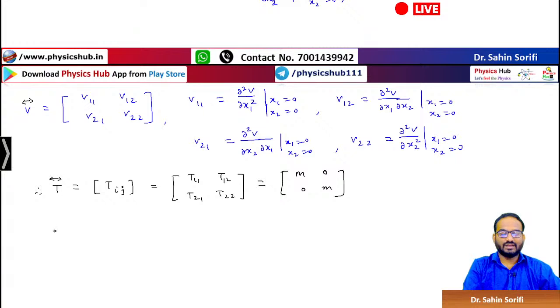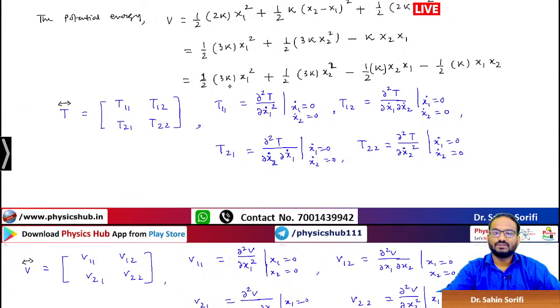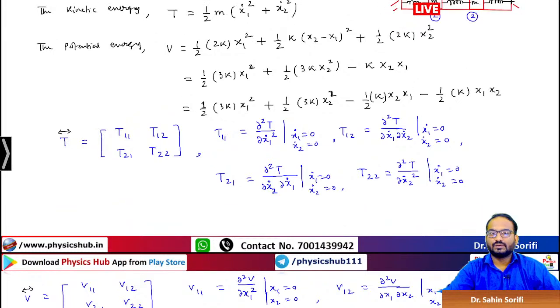You don't even need to calculate, because if you could write in terms of half into this thing, whether it is for position, x1 square means this will give you the V11 term, x2 square means this will give you the V22 term, x2 x1 means this will give you the V21 term, x1 x2 means this will give you V12. And remember, every time plus will be there.